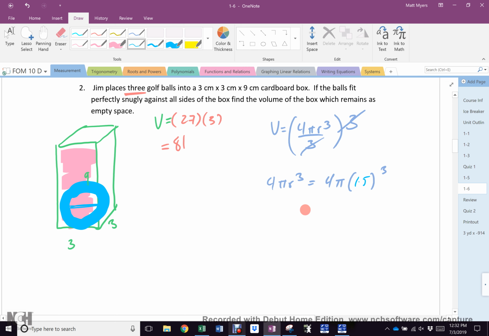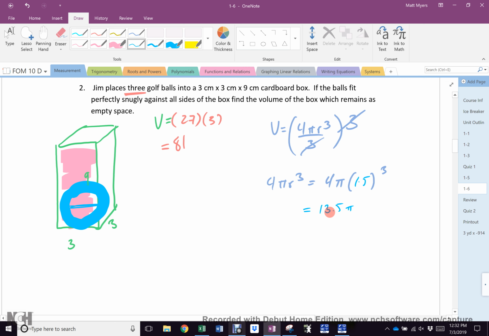And then you're going to do this work. 1.5 cubed times 4 times pi. And that's going to give you math class or real life answer. That's going to give you 13.5 pi. That's how much the golf balls are, right?